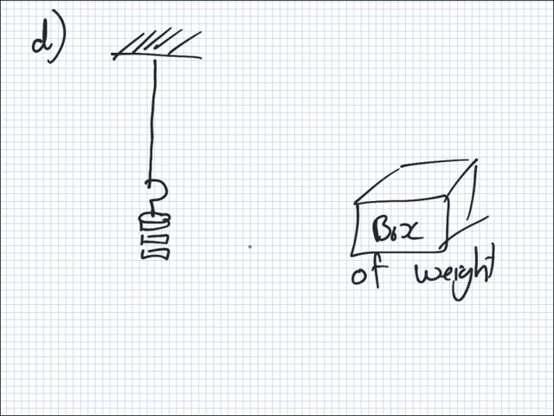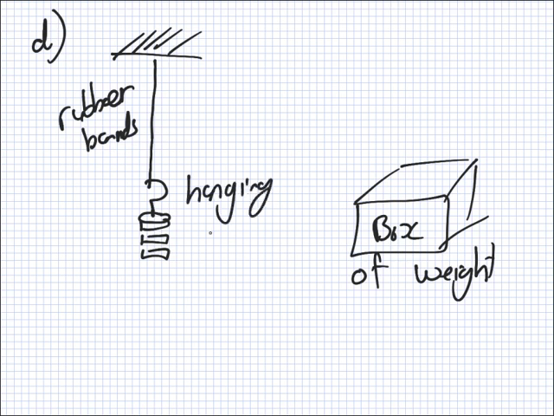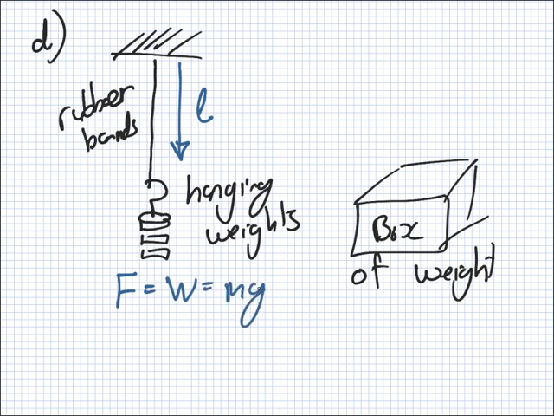This is the rubber band, and this is a hanging weight, or weights. And then, of course, you need some way to measure. You can measure here, you can call this L, and this is F. And F equals the weight, which in this case equals mg.